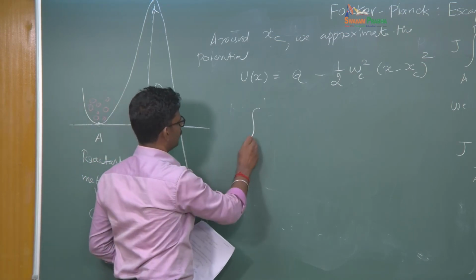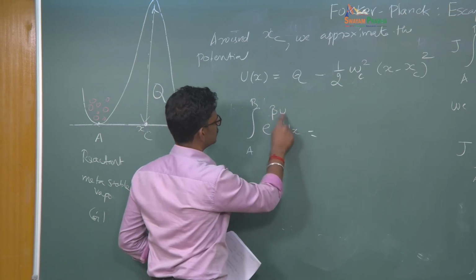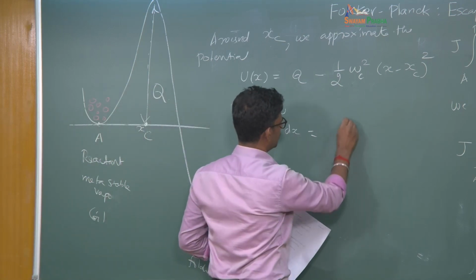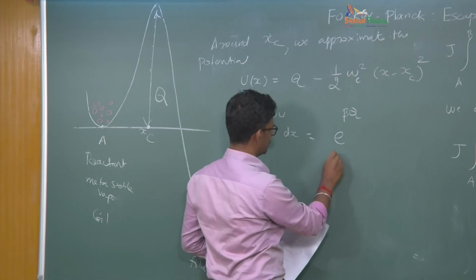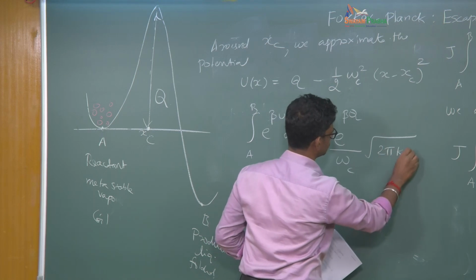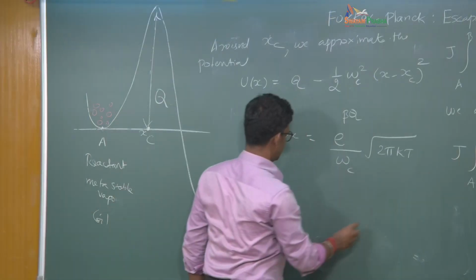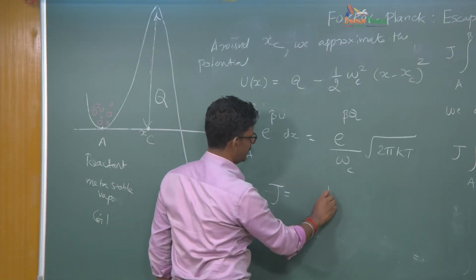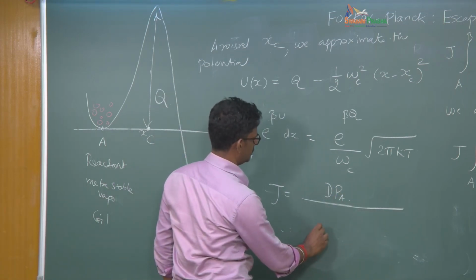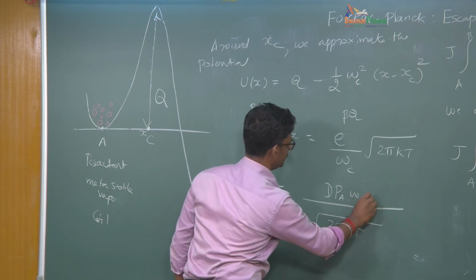You will see that the integral from a to b, substituting u from here and integrating, gives e power beta Q times the square root of 2 pi kT over omega c. Now we can substitute for J there. So J will become D Pa over the square root of 2 pi kT, omega c, e power minus beta Q.